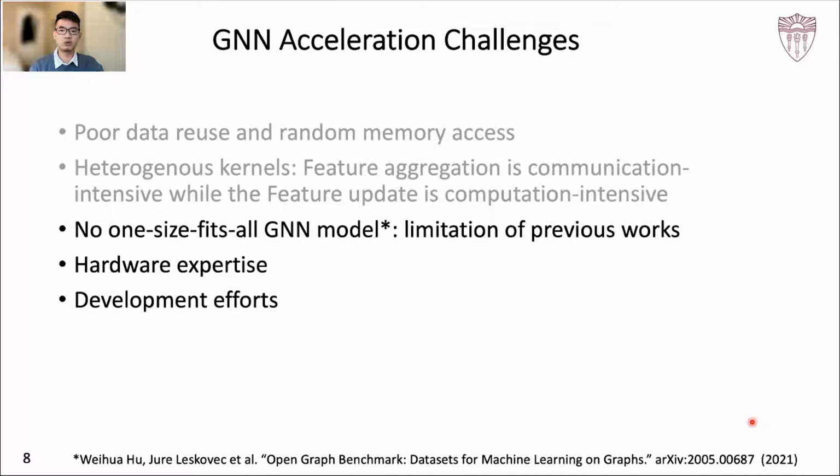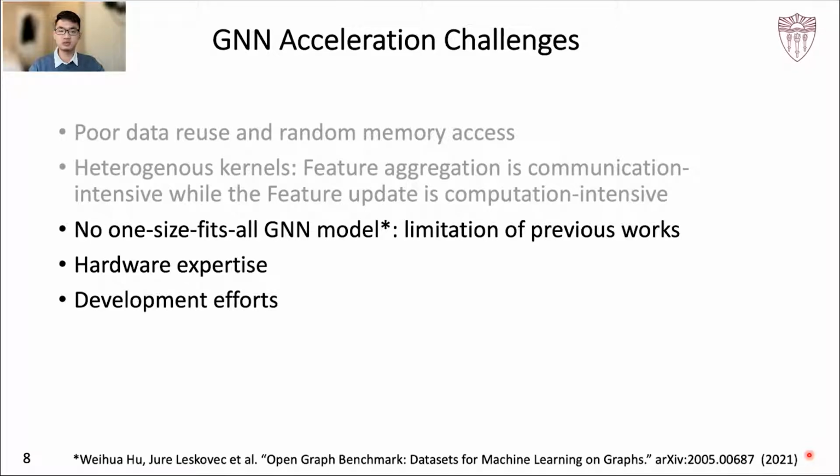Although many works have been done, some challenges remain. In this work, we can see that there is no one-size-fits-all GNN model. In other words, different GNN models outperform each other in different applications. So for some applications, Model A performs better, and for other applications, Model B might perform better.